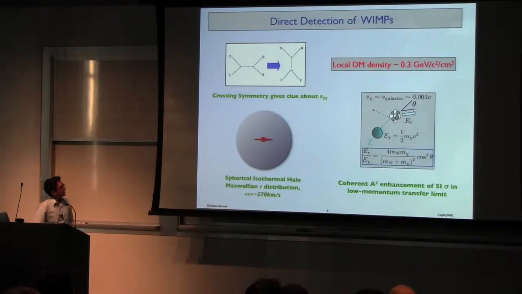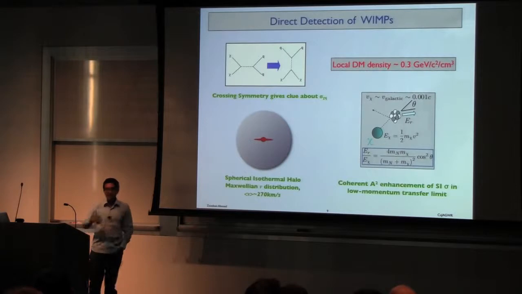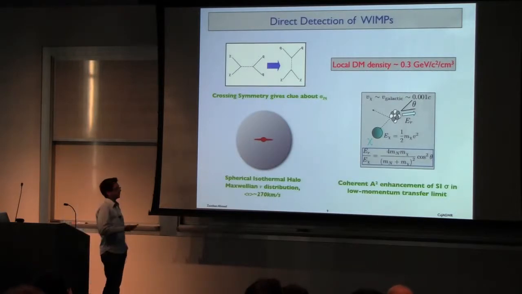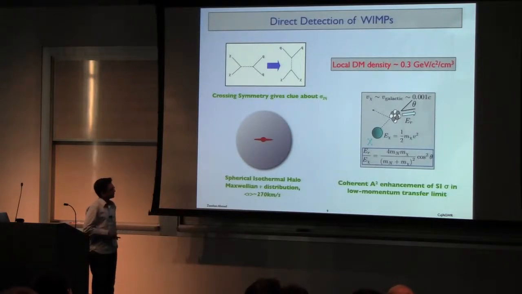Now this, combined with this, which is our estimate for the local dark matter density, is starting to give us enough information to think about the kinematics of how an interaction might occur in a detector. We have these dark matter particles coming in, and they're pretty slow, right?